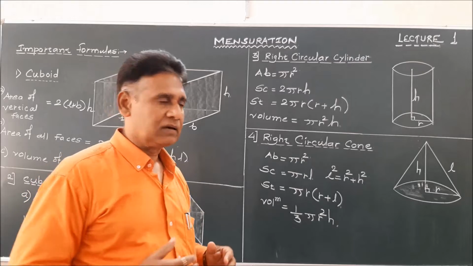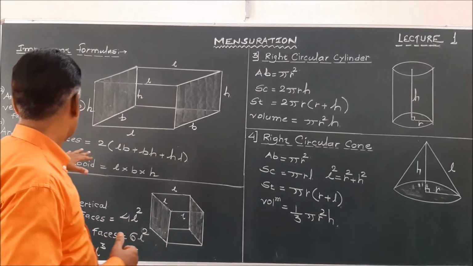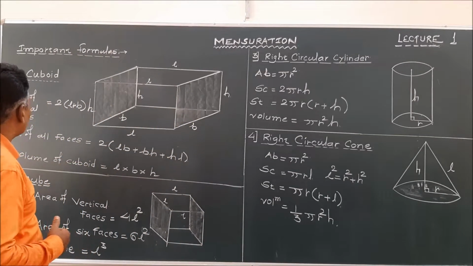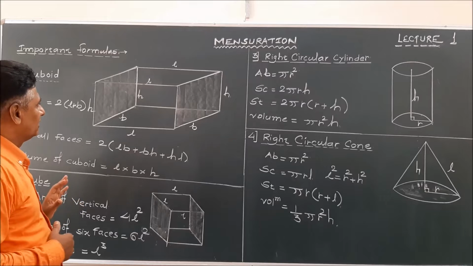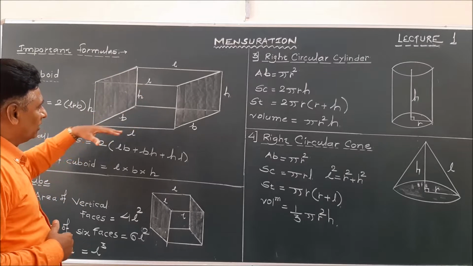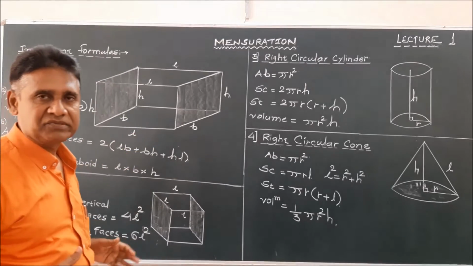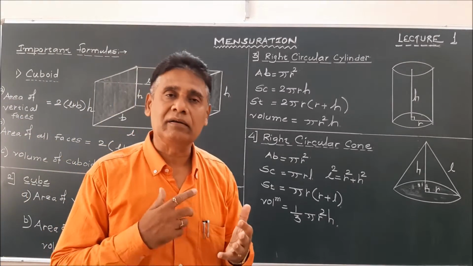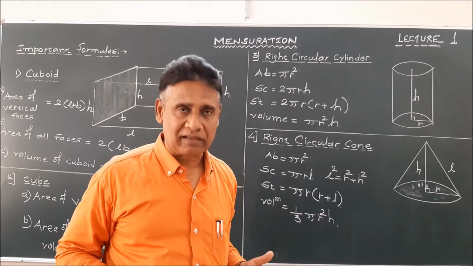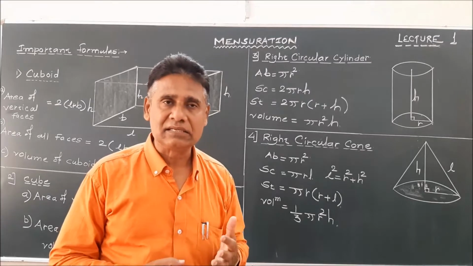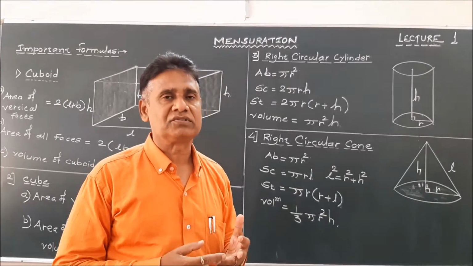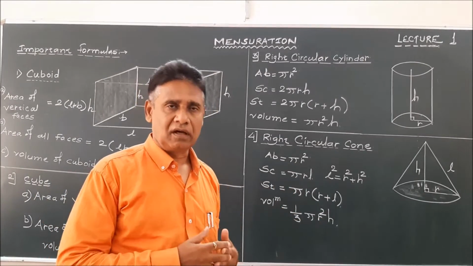So the first formula is for the cuboid. When I say cuboid, you will find this shape you might have come across many times. For example, this room itself, or a brick, or a compass box, so many things around us.